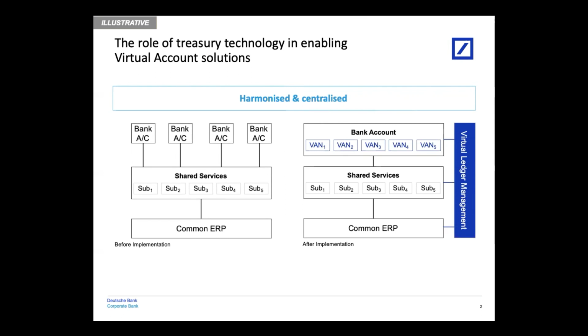We have taken the centralized example from the previous slide, and what we have added now here on the right-hand side is a target structure where we are, for simplicity's sake, operating with a single bank account only. This single bank account has a set of virtual account numbers attached to it. Now, we are using those, obviously, in order to facilitate payment processing.